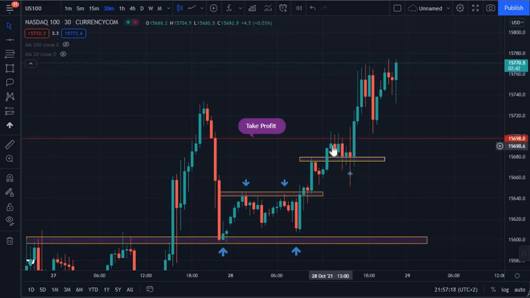So we saw price break our area of value, retest, and reject. So this was the candle at 3:30. Price moved to the upside and moved to the downside, throwing out fake outs on the top side over here and at the bottom side over here.